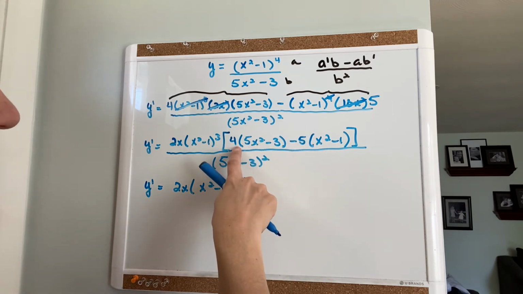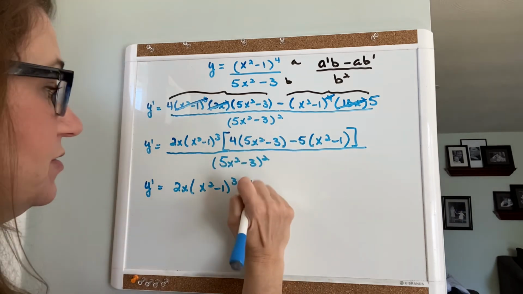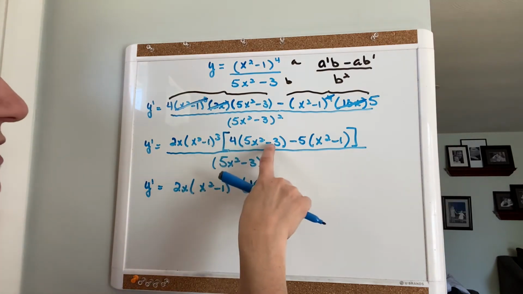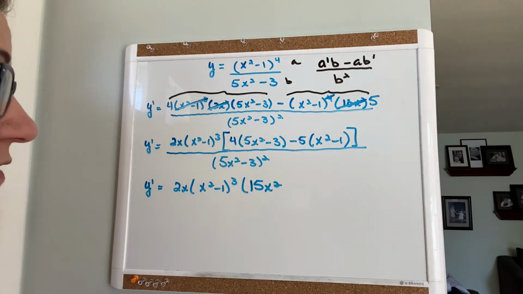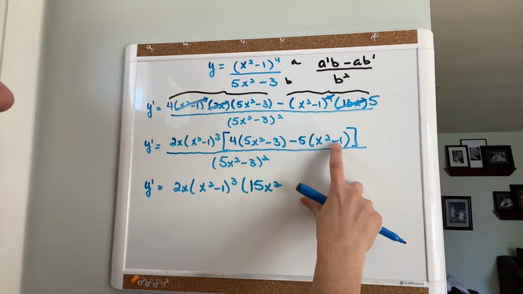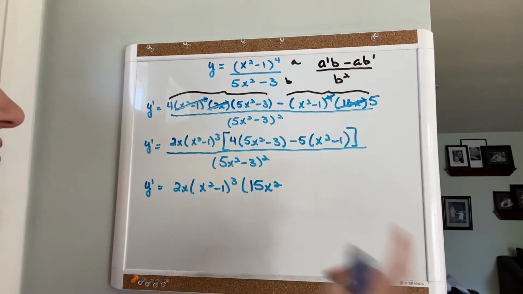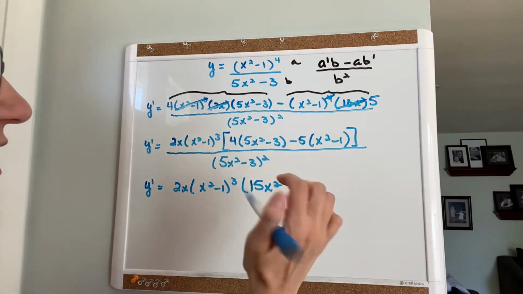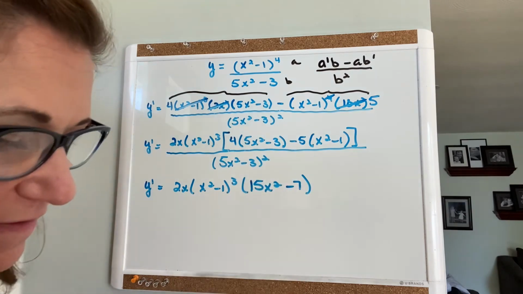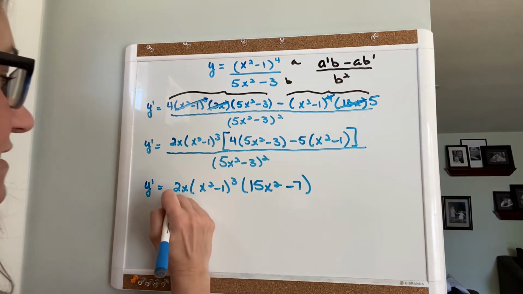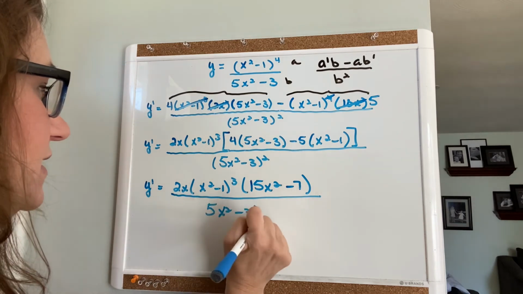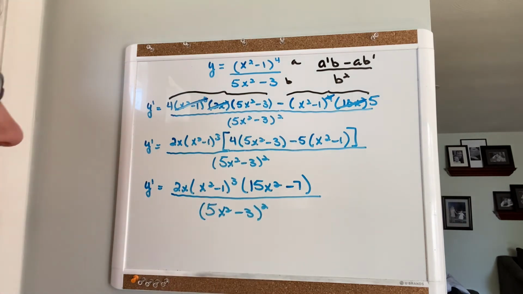So we have 20x squared minus 5x squared, so we get 15x squared. Then 4 times -3 is -12. -5 times -1 is +5, so we end up with -12 plus 5, so that's -7. And this is all over 5x squared minus 3 raised to the 2nd power.